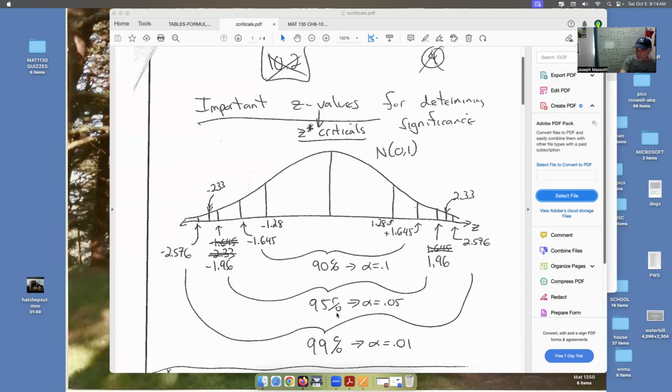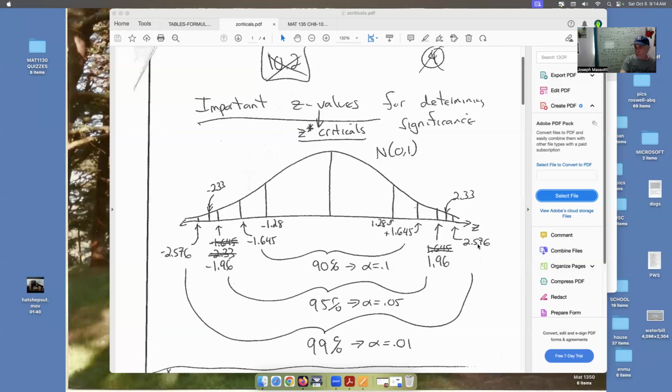For 95%, 1.96 is the number. 1.96 and negative 1.96 cut off the middle 95% of the distribution. And for 99%, 2.576. Again, some people will use 2.575. Some books do, it doesn't really make too much of a difference.